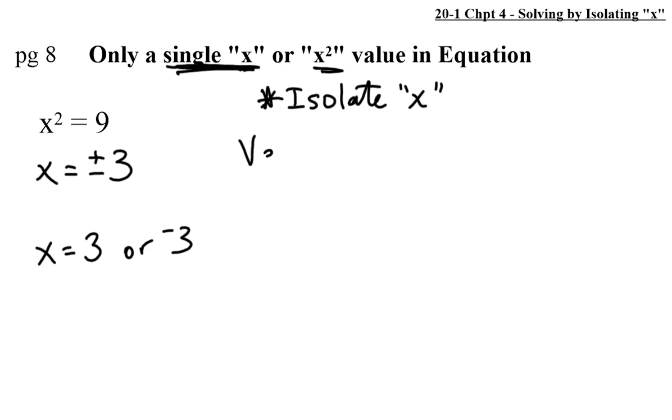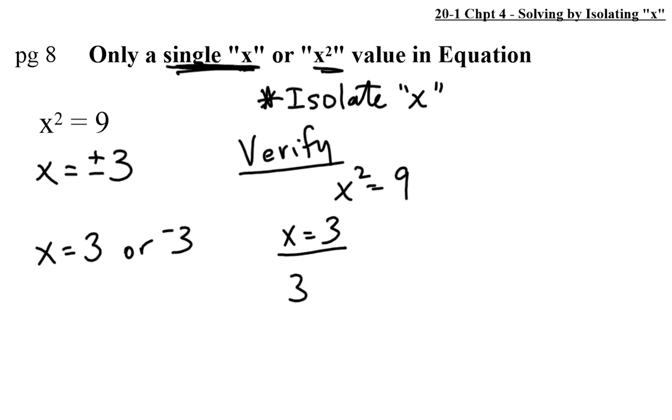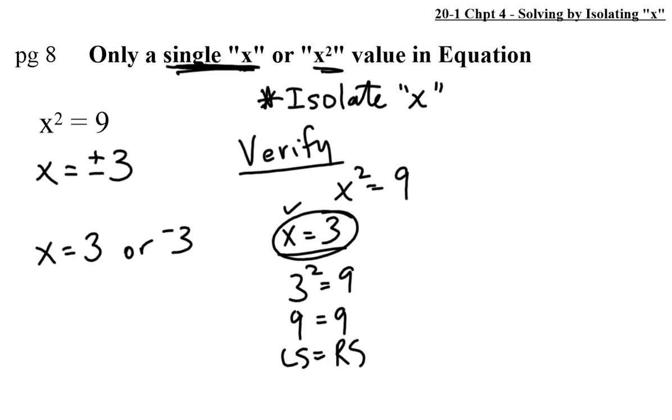If we did a quick verification, x squared equals 9. If x equals 3, we would have 3 squared equals 9. And if I do that, yes, left side equals right side. So x equals 3 is correct. If we used x equal to -3, I want to substitute in, I want x to be squared.